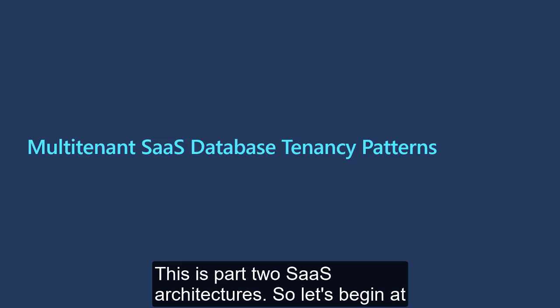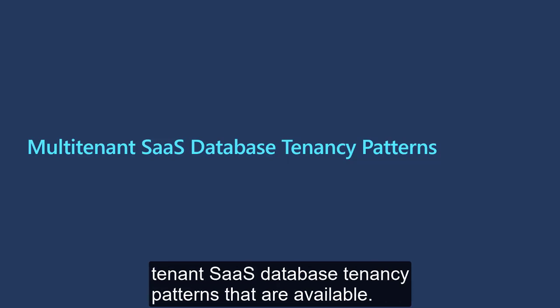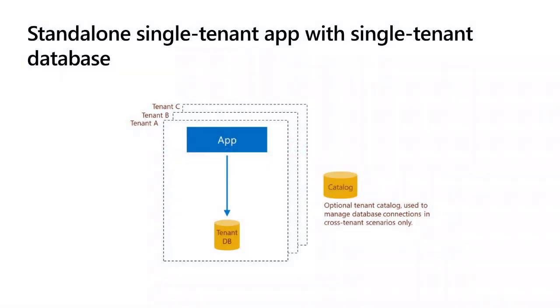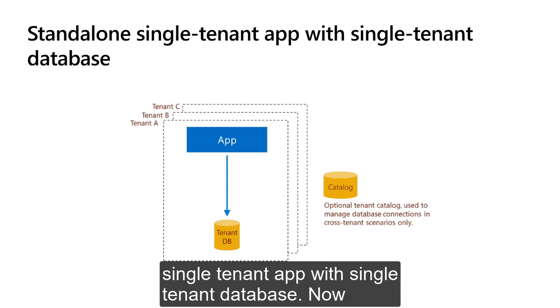So let's begin at the data layer of the solution and review the various multi-tenant SaaS database tenancy patterns that are available. Okay, so the first and often the most popular is the standalone single tenant app with single tenant database.